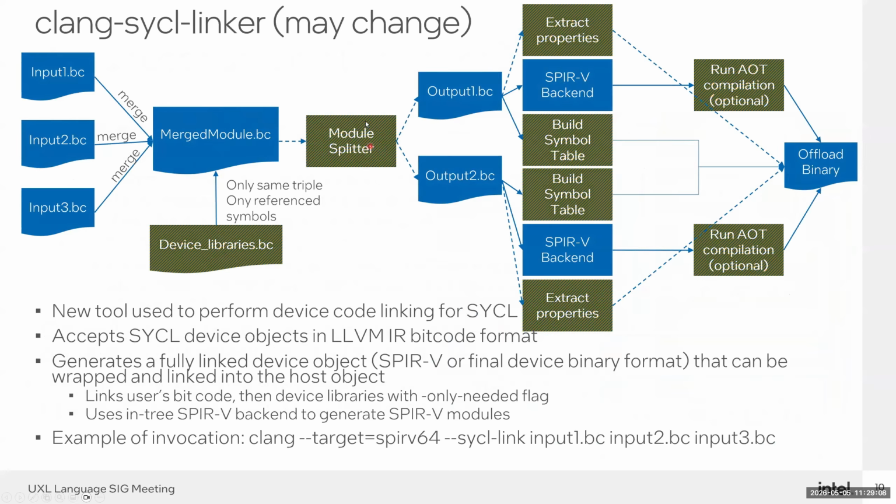This different color is used to show what's currently either not called at all or only partially implemented. So the module splitter currently is not called from the Clang SYCL linker.